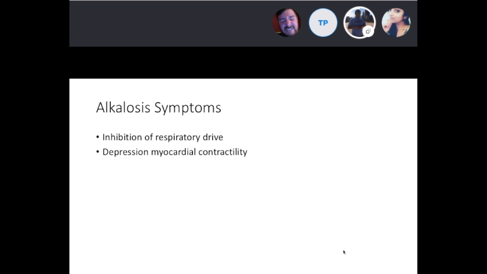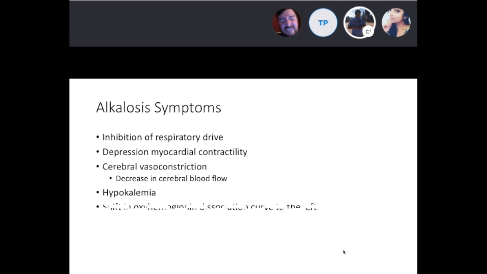And again, it can also cause depression of the myocardial contractility, and it causes cerebral vasoconstriction and a decrease in the cerebral blood flow. It can cause hypokalemia because it shifts the potassium into the cells, and it shifts the hemoglobin dissociation curve to the left. So it's the opposite of what we saw in the other one.